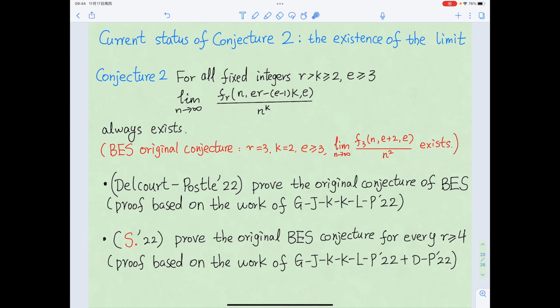Based on that work, we can prove the conjecture for every uniformity r which is at least 4. We can only prove the existence of the limit, but we cannot determine it precisely. This is the current status of conjecture 2.